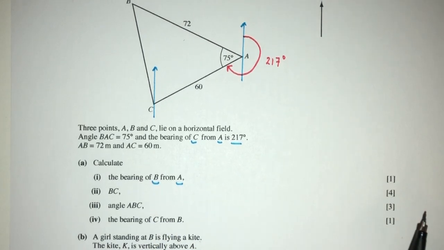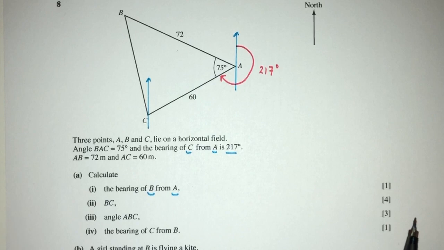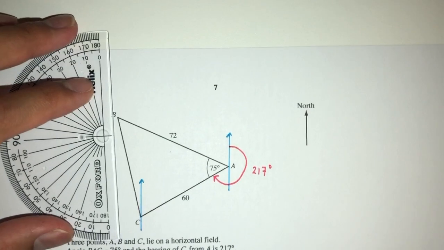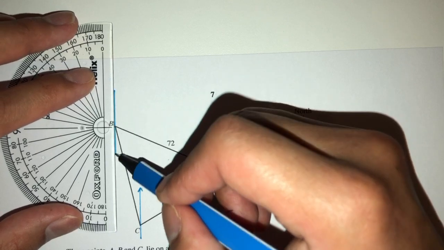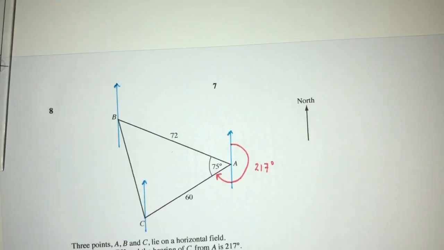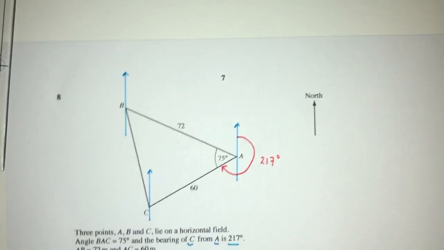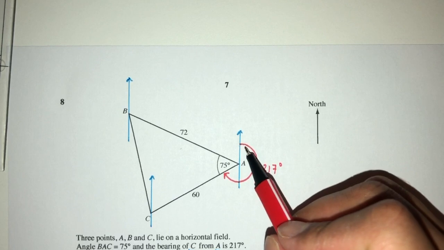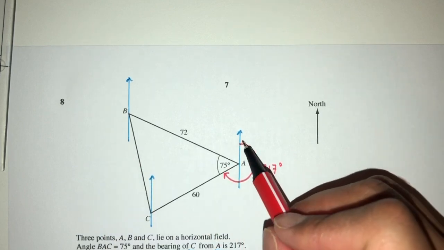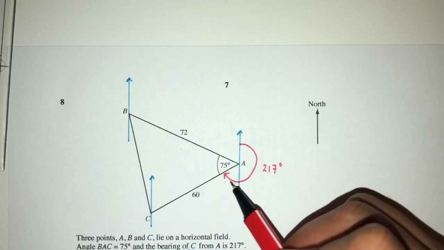So let's first find out what we are trying to find. Going to point B, let's draw the north line. Now what is the bearing of B from A? B from A will be A going all the way to here.